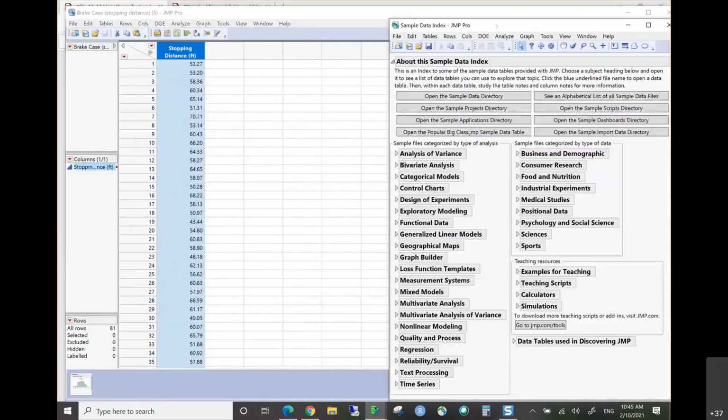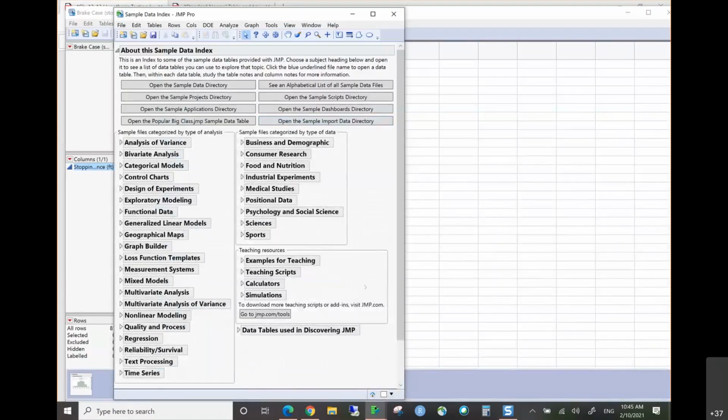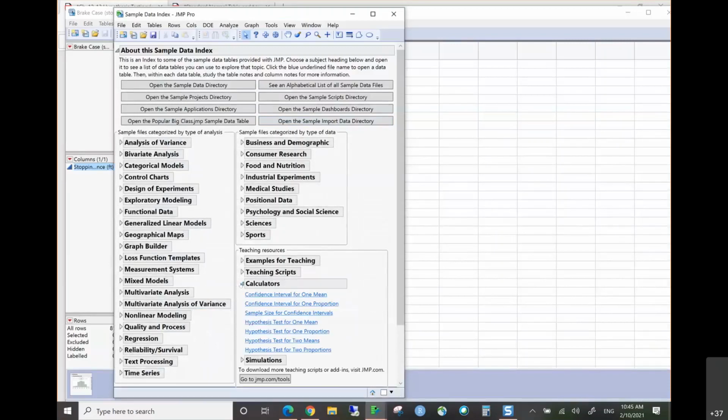Got it? Do you have this? All right, and then at the right bottom corner, you will have the Calculators. Click this triangle here, Calculators, and then you will have these options.